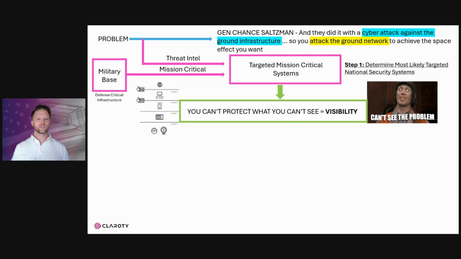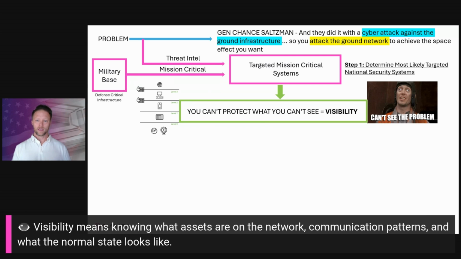And then once you know which of your systems are mission critical, in Department of Defense they call them national security systems, right? Then you have to ask yourself, which of those systems am I going to focus on within that mission critical system to get visibility, right? Because you can't protect what you can't see. In cybersecurity, you have to be able to see the assets to be able to protect them.